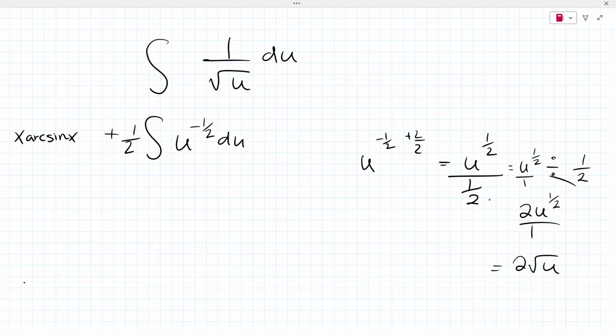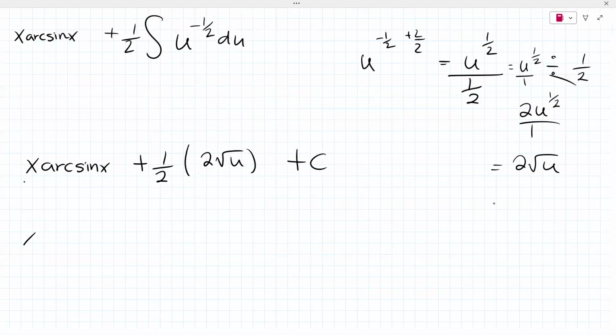So I get x arc sine of x plus 1/2 times 2 square root of u. And then we don't have any boundary, so it's plus c. And clean that up a bit. So x arc sine of x, 1/2 times 2 just disappears, so you're left with square root of u plus c.